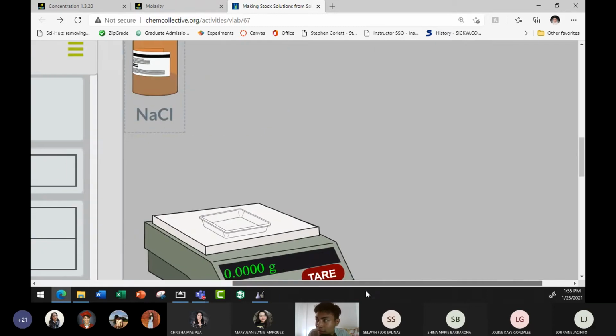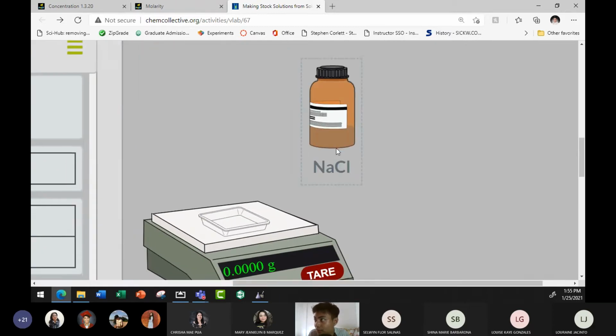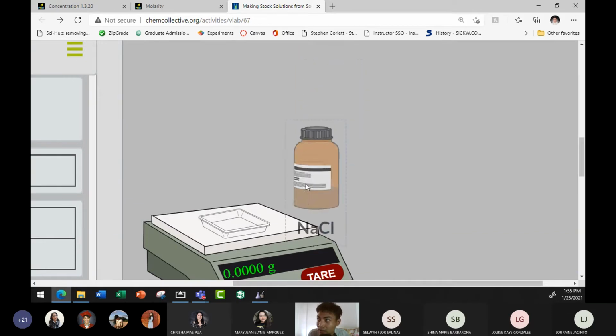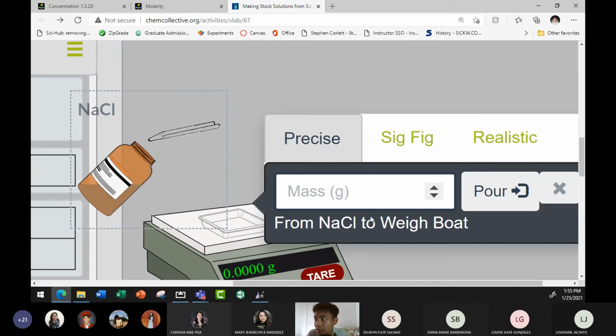Hirap gumamit ng analytical balance sa totoo lang. Okay? So, narito na yung NaCl. Nasa analytical balance na tayo. Maglalagay tayo. Anong mass kaya? Siyempre, kino-compute mo kung anong mass yan. May mga equation kang gagamitin to solve for the mass of your NaCl na need. Pero sa ngayon, hula-hula tayo.